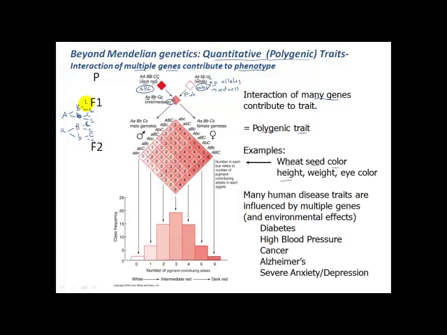And if we follow the branches down, we can see that we've got these possibilities for gametes. So capital A, capital B, capital C, capital A, capital B, lowercase c, capital A, lowercase b, capital C, capital A, lowercase b, lowercase c, and so on. You can do the rest of the branches. But we end up with these 8 types of gametes that are possible.